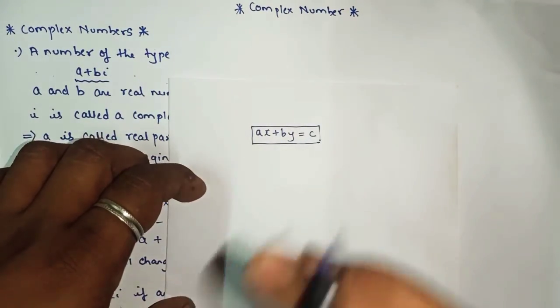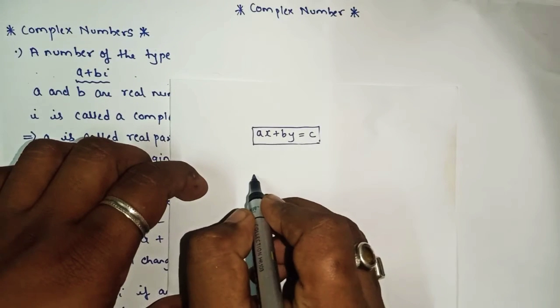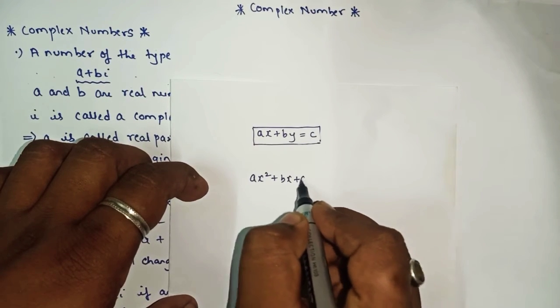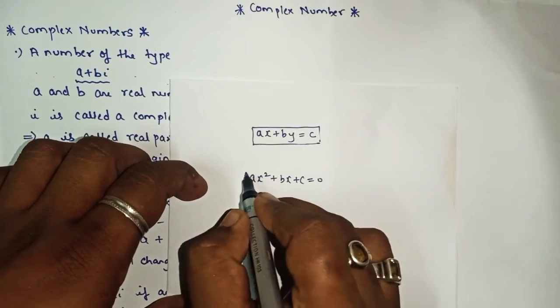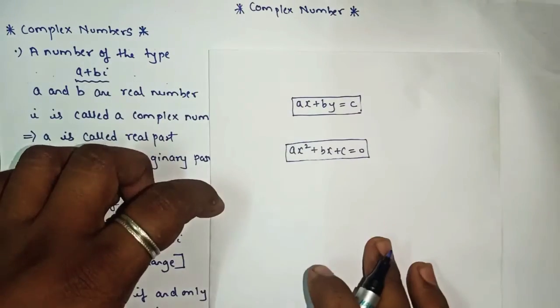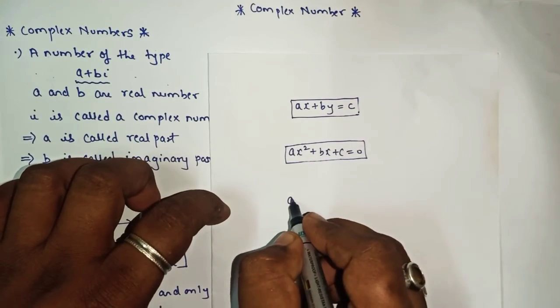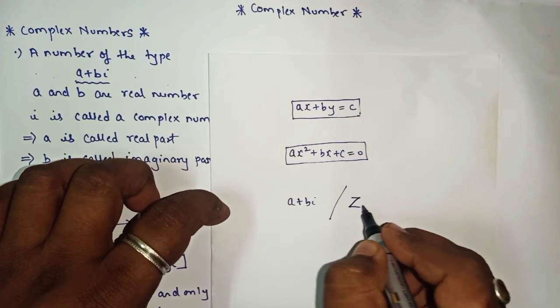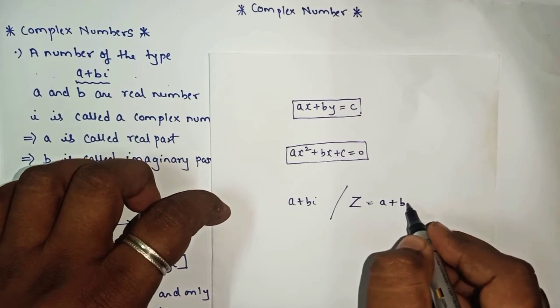We write the quadratic equation as ax squared plus bx plus c equals 0. So each and every chapter has its own format. Complex number also has its own format. We write the complex number as a plus bi. Sometimes we write it as z equals a plus bi.